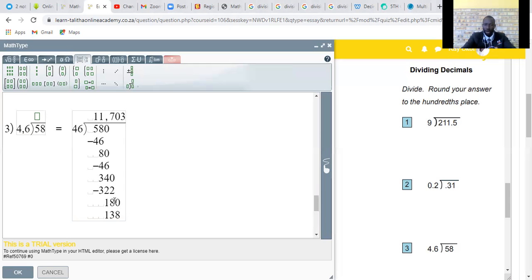Now, let's first check our working and see if we are on the right track. That way, we will be able to determine what to do if we are not on the right track.